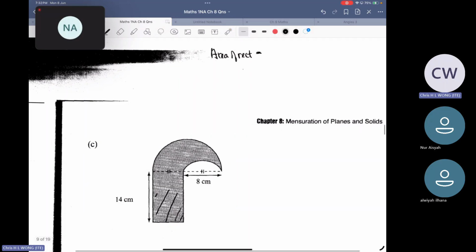Length times breadth equals 14 times 8. 4 times 8, 32. 1 times 8 is 8, 11, 112, is it? cm square, yeah. Underline first so that I need it later. I just underline. I need it later, okay?